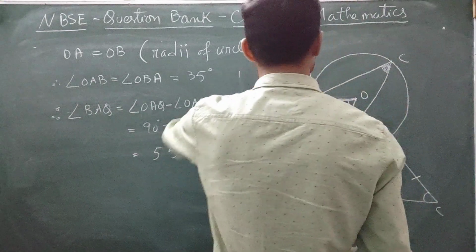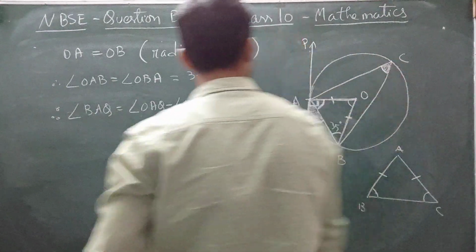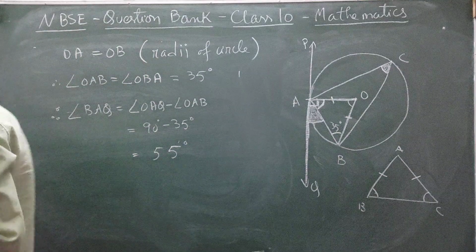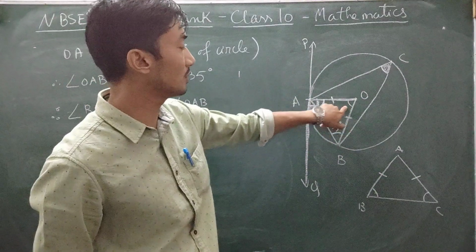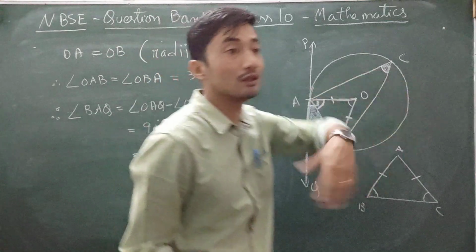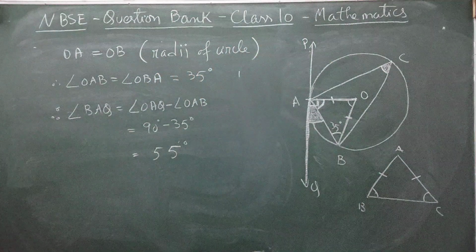So next our job is to find ACB. Now for that, if you remember one theorem from class 9, the angle formed at the center is always double the angle on the other segment.